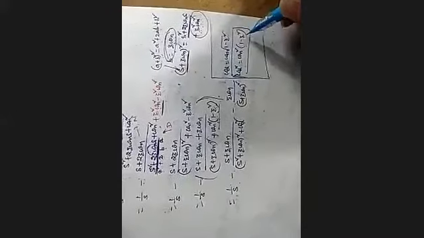Here omega n square into (1 minus zeta square): we know that omega d equal to omega n square root of (1 minus zeta square). From that relation, omega d square equal to omega n square into (1 minus zeta square), so we can replace it with omega d square.